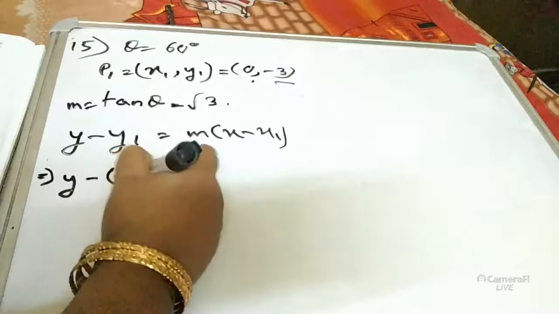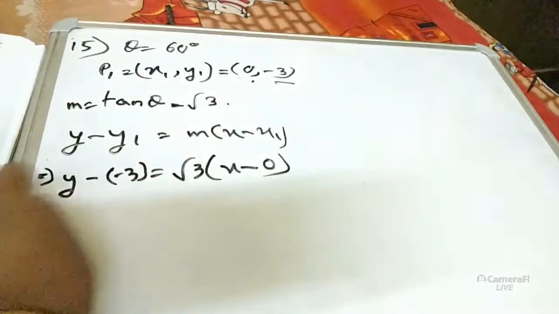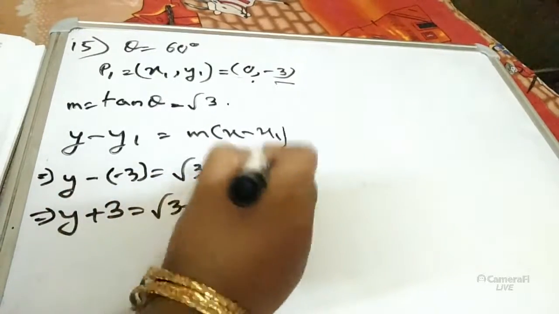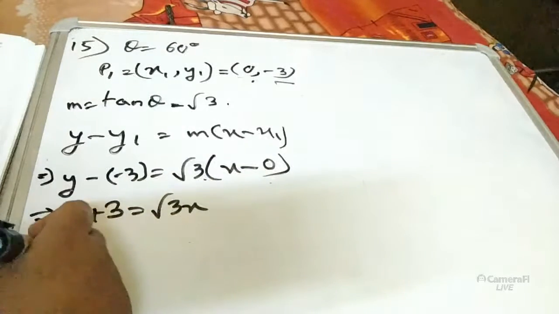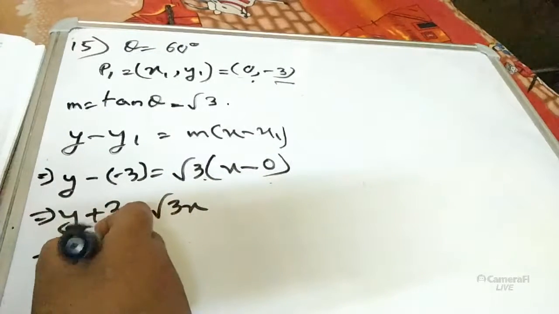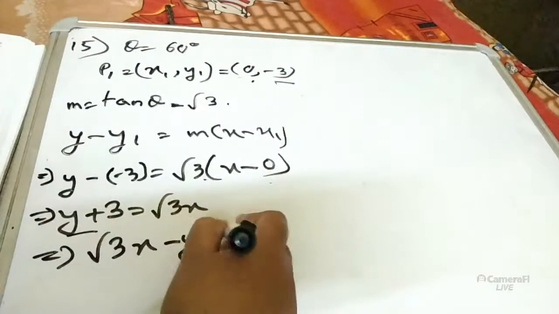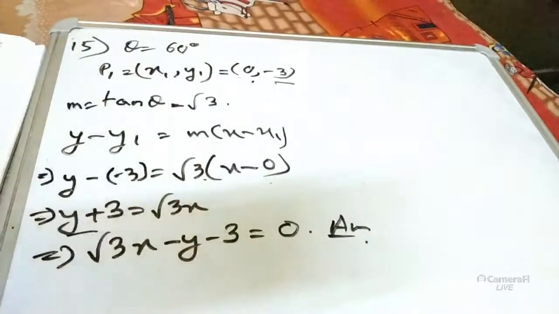So y minus (-3) is equal to root 3 into x minus 0. Multiplying with 0 gives 0, so we directly write root 3x. Bringing the whole thing to one side, we get root 3x minus 3 minus y is equal to 0. So this is our equation.